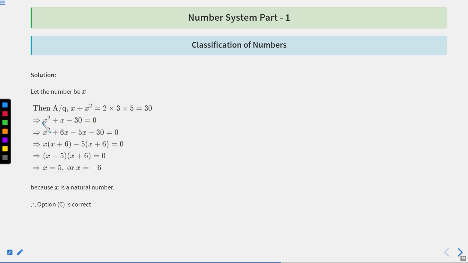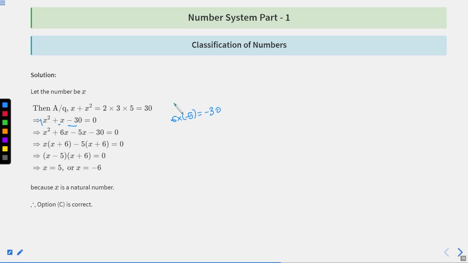Now, what do we have to do here? We have to do the middle term split. How do we do that? First of all, identify that the coefficient of x square is 1, so 1 times minus 30 is minus 30. Now try to identify the numbers which, when multiplied, give you minus 30 and whose sum is 1. The only possibility is 6 times minus 5.